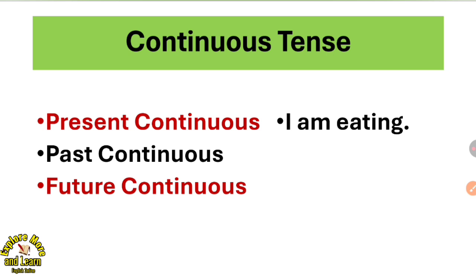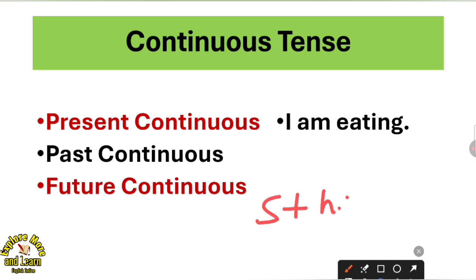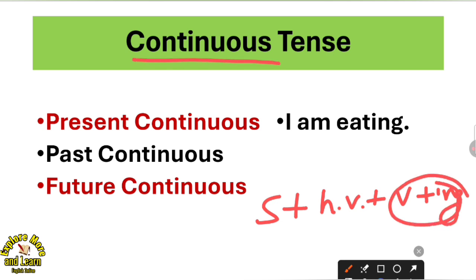So quick revision of the rule is subject plus helping verb, then you will use the main verb. I am writing verb, then you will add ing here. So continuous means that you will add ing in the main verb along with the helping verb, and if it is present tense, then obviously helping verb will be either is or am or are.